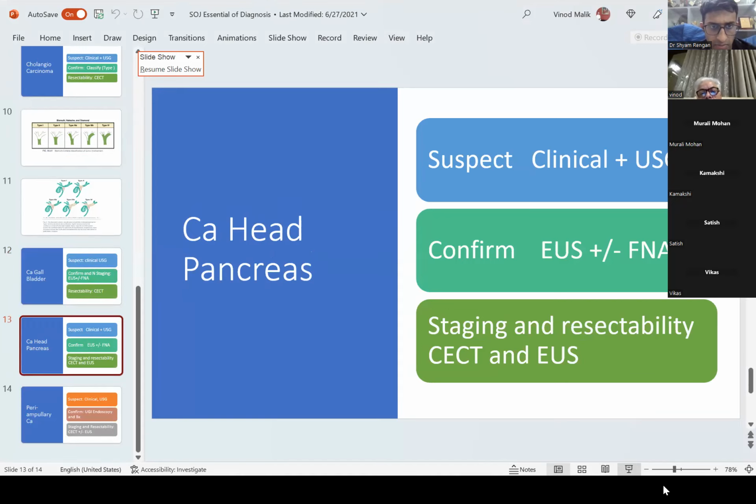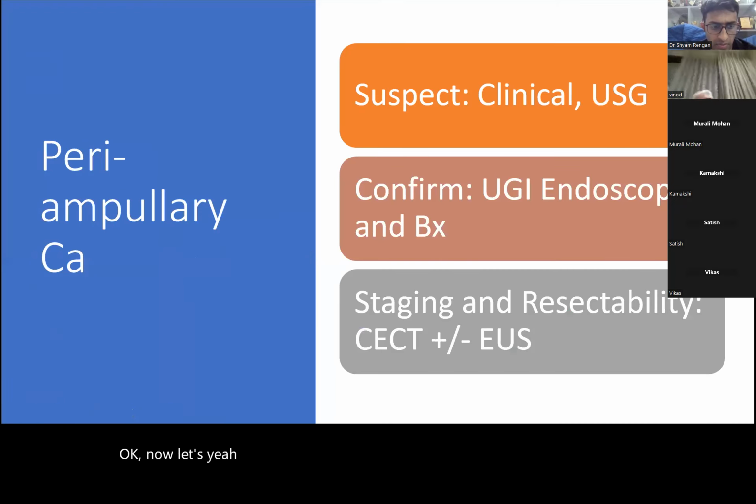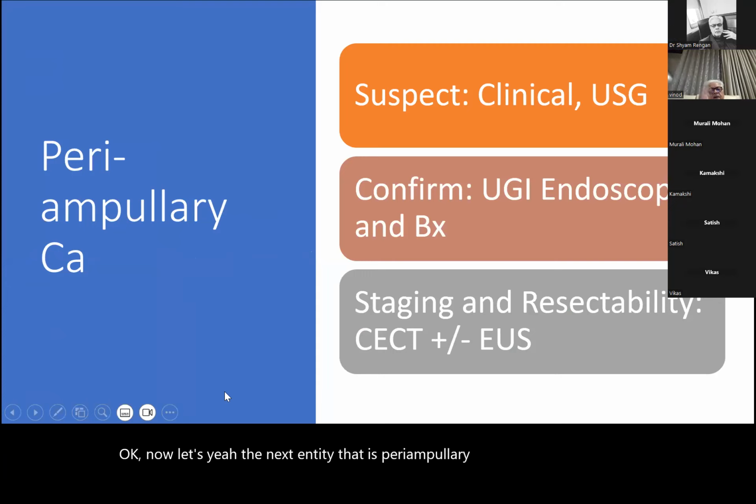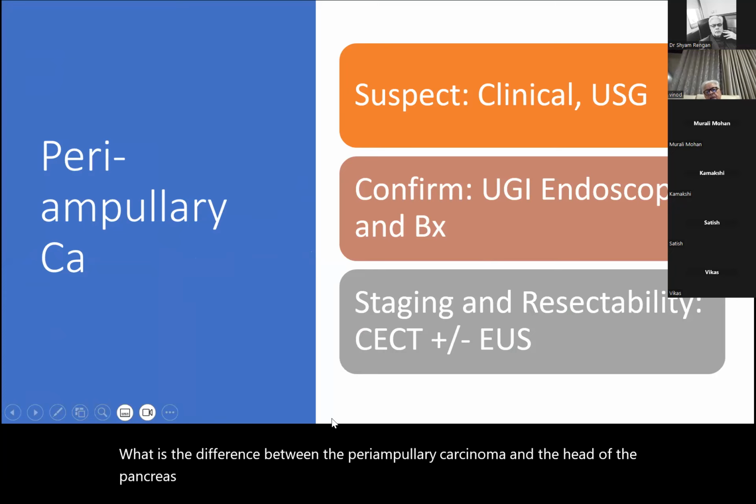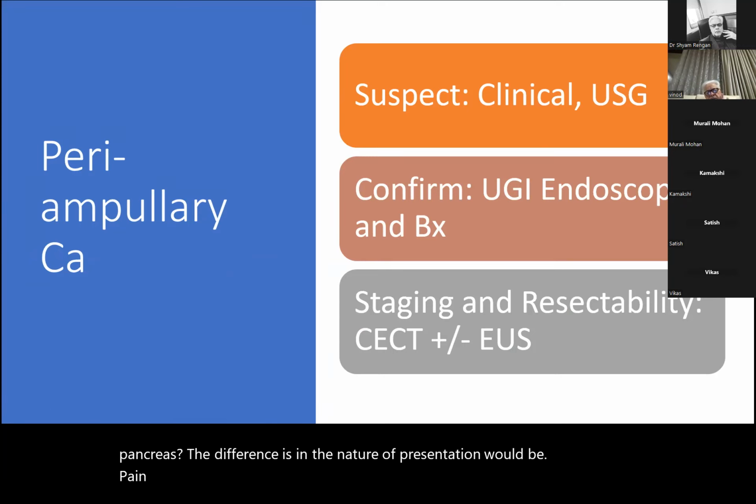Okay, now yeah. The next entity is periampullary carcinoma. And what is the difference between the periampullary carcinoma and the head of the pancreas? The difference is in the nature of presentation. Pain is very less in this situation.